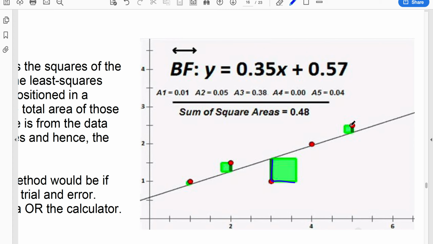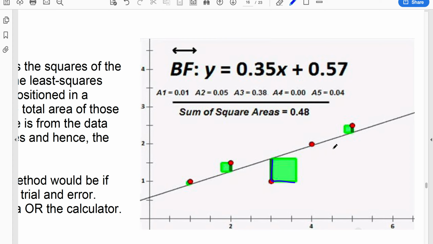That's happened with all of them. So you'll see if the dot, which is in red, is close to the line, then you've got a little square. If it's on the line, you actually don't have a square at all because the residual would be 0, and you can have a residual of 0. So there's a really tiny square there. But if the dots are really far away from the line, you get a big square.